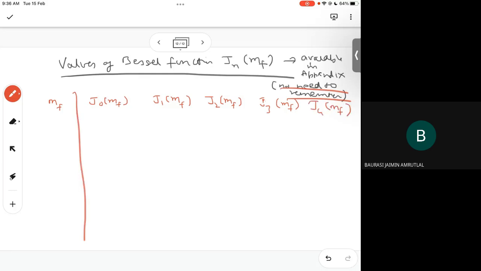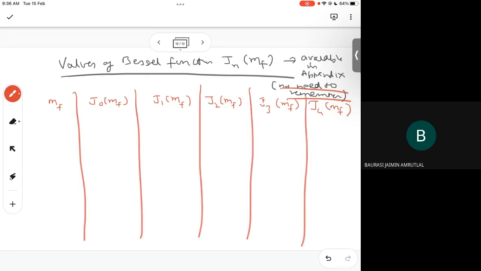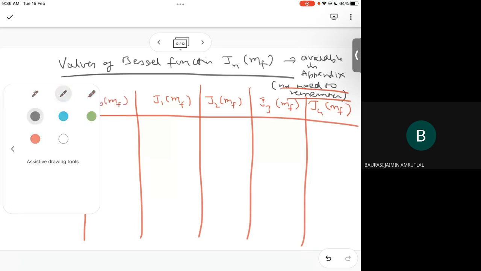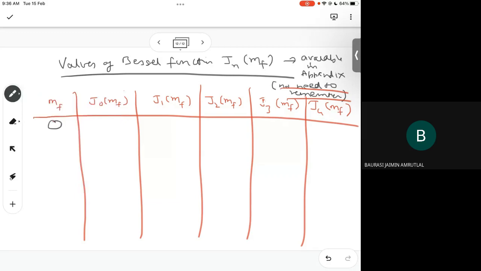So these we take for various values of MF. These are what we call the Bessel functions and constants. These are the values that are available. I can take MF of 0 also, as I said. For 0, it is 1, 0, 0, 0, 0. And I said no need to remember this, just understand it.